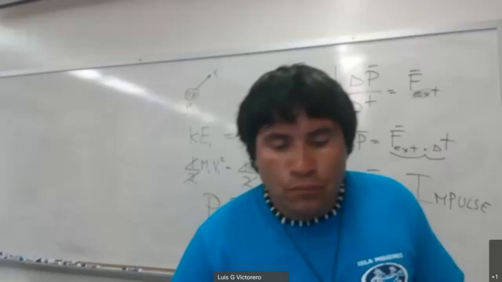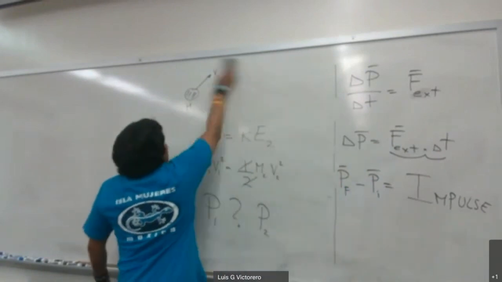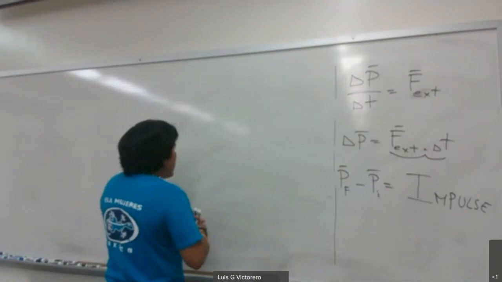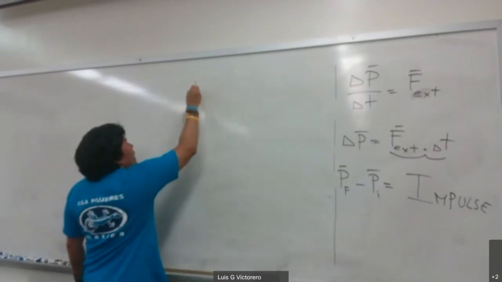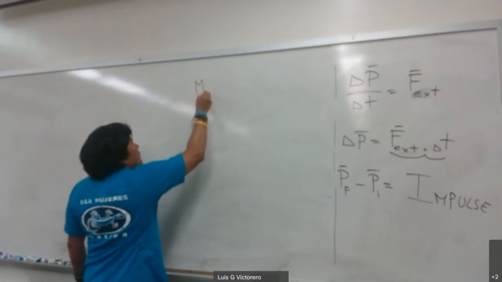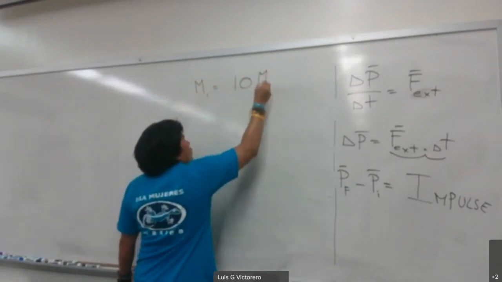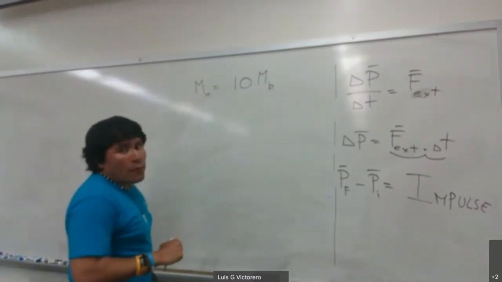So this is what you do. You can give values if you want, but say that M1 is 10 times M2, or M of the medicine ball and M of the baseball, right?